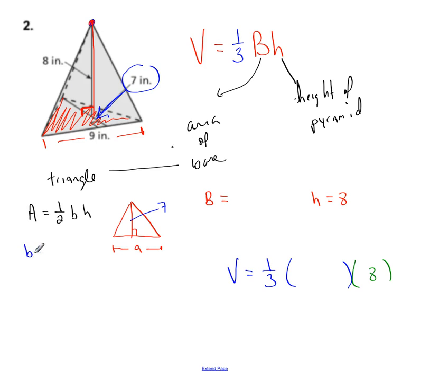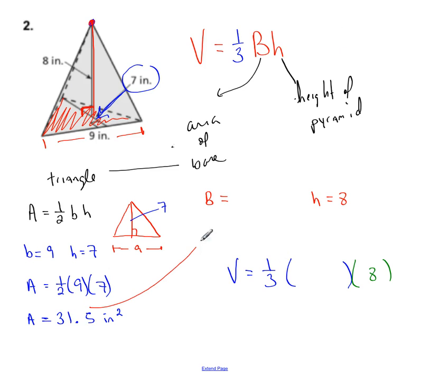So the base of this one is 9, the height of this one is 7. Find that area. Area is equal to 1/2 times base times height. So 1/2 times 9 times 7 is going to give me 31.5 inches squared is the area there.